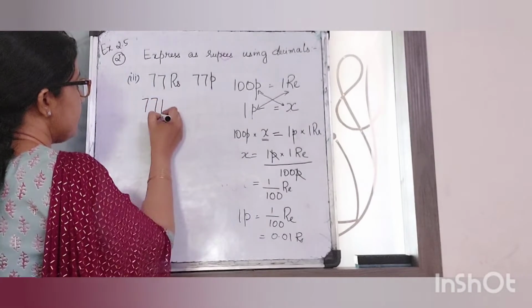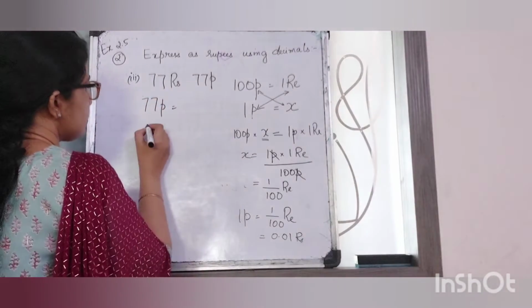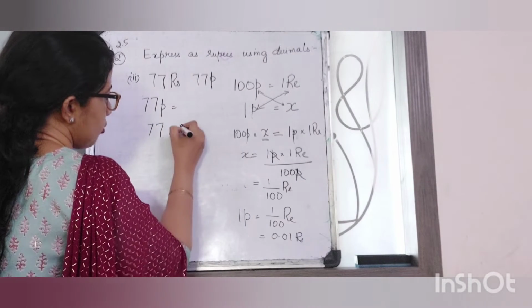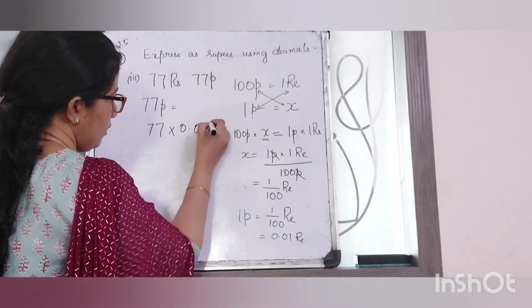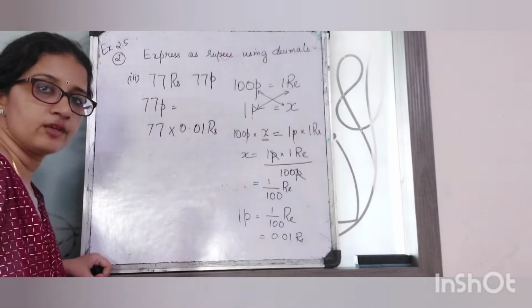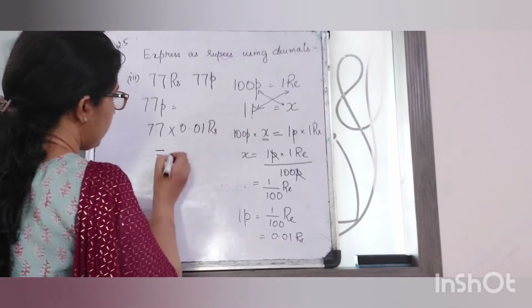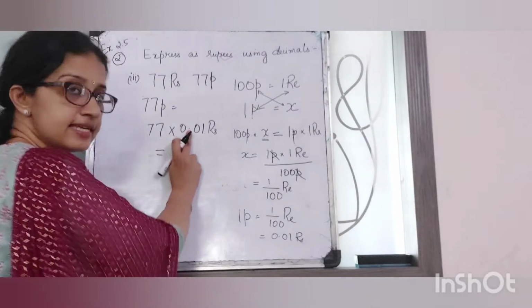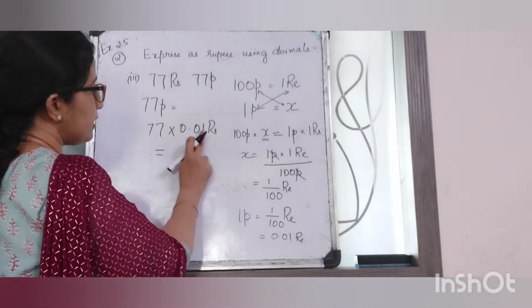So 77 paise is equal to 77 into 0.01 rupees. Okay, so how will you multiply a whole number and a decimal? We have to ignore the decimal point and find the product.